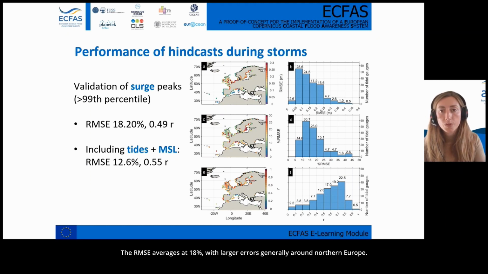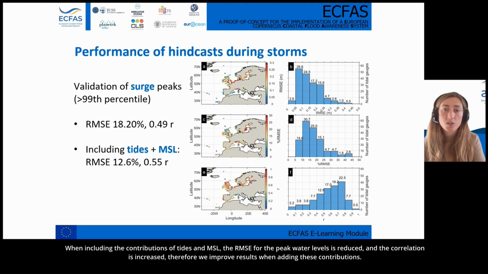So what we see is that the root mean square error averages at 18%, with larger errors generally around Northern Europe. And what we see also is that when we linearly include the contributions of tides and mean sea level, the root mean square error for the peak water level is reduced and the correlation is increased, and therefore we improve results when adding these contributions.